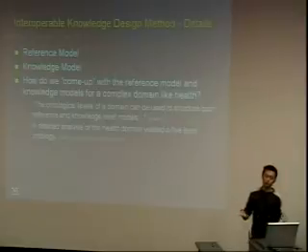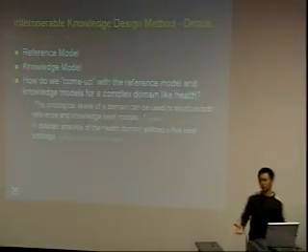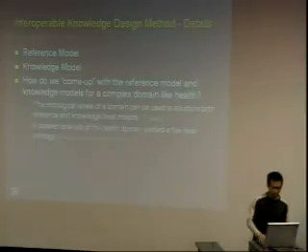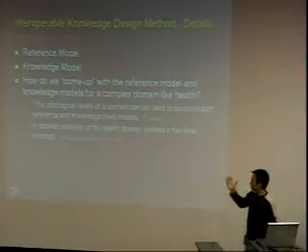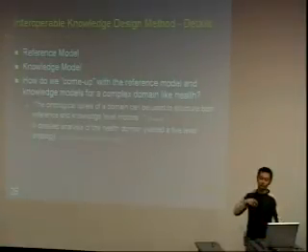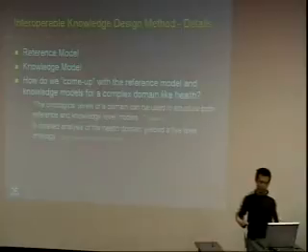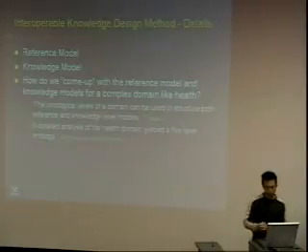So now that you know what a reference model and knowledge model are, how do you come up with these models in health? Well, it might not be as easy as you think. BL came up with the reference model for health and the knowledge model for health through an exhaustive process of ontological analysis.